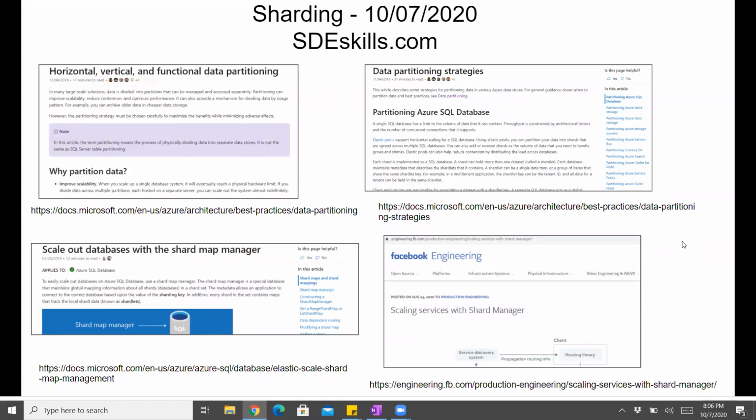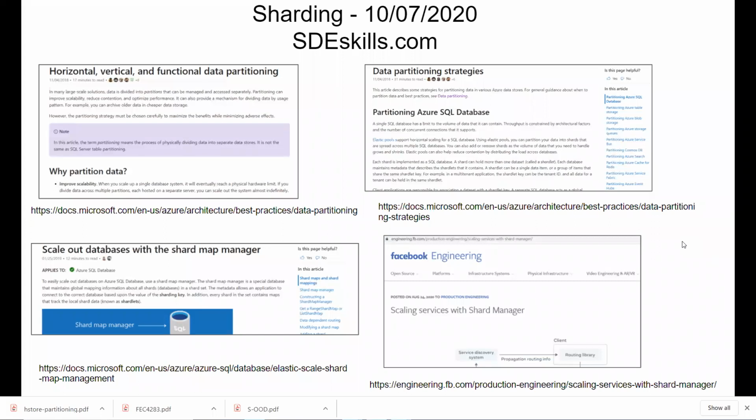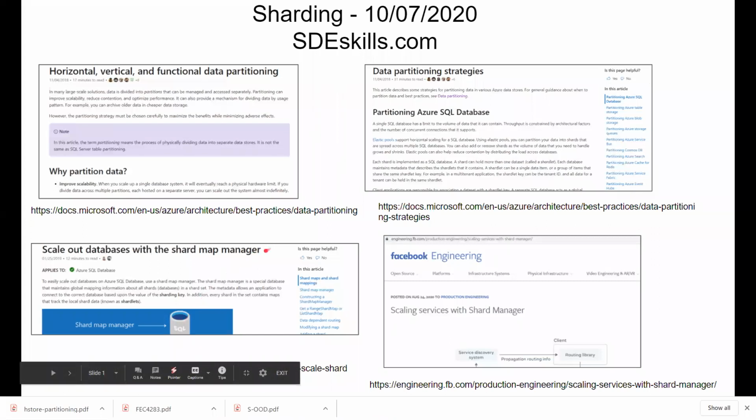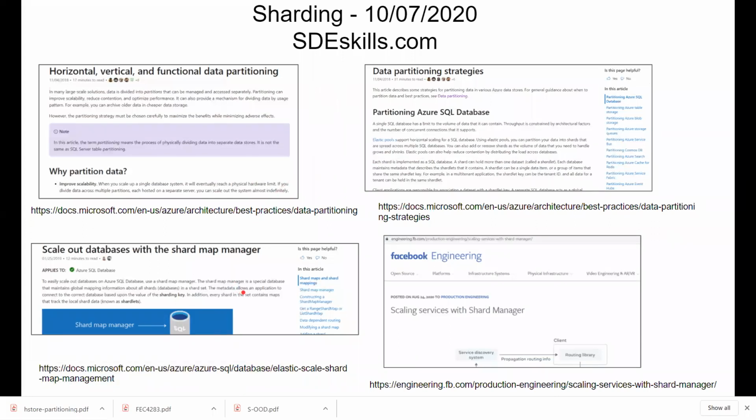These are the 4 articles that I read through for this session today. The first 2 and this third one are all related to Azure.